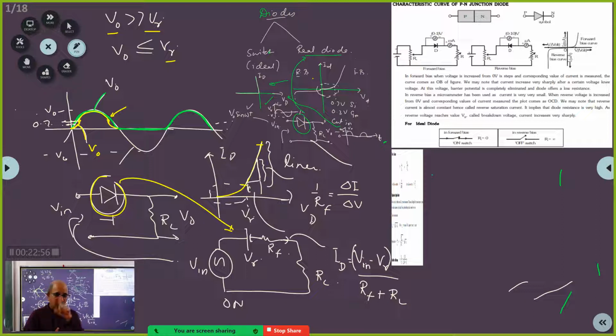Now a hole has to go from the P side to the N side. The depletion layer is still there. Can a hole from the P side diffuse to the N side? It is still possible, provided this hole on the P side has energy greater than the potential energy barrier. I explained this also to you.